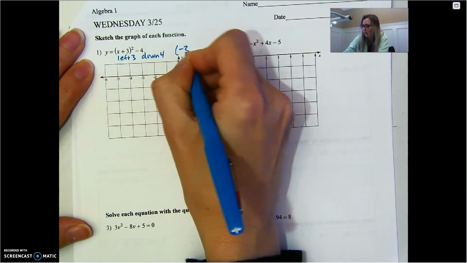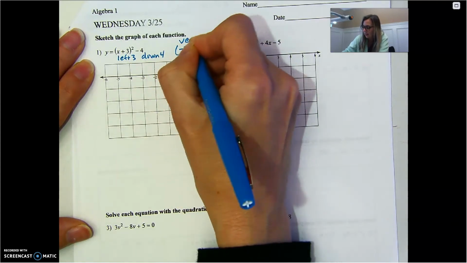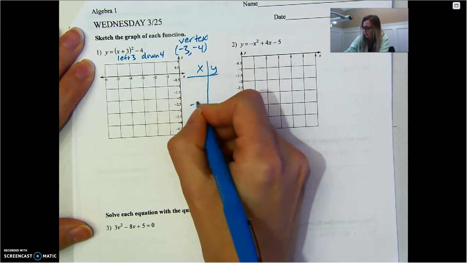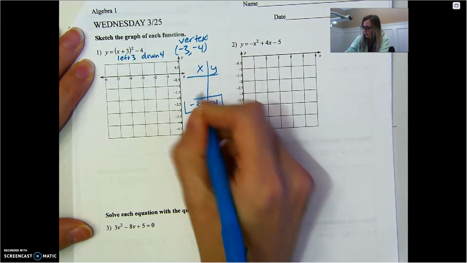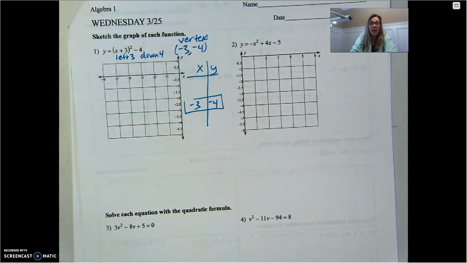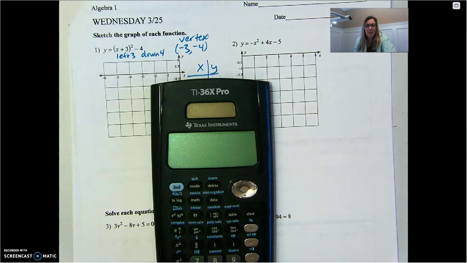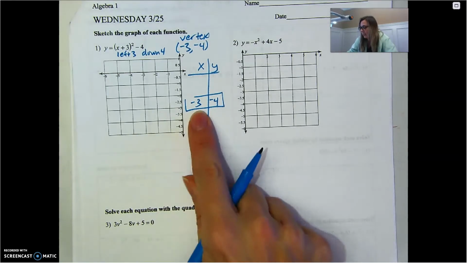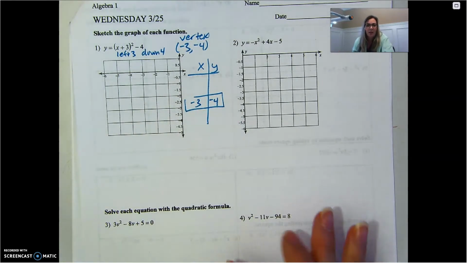So if you're going left 3, down 4, that's your vertex. So for your x, y, that's where you're going to start your table when you type it in, right? So you go to your table, you edit that function in, and you tell it to start at -3, and then you'll be able to get all the points to graph it.